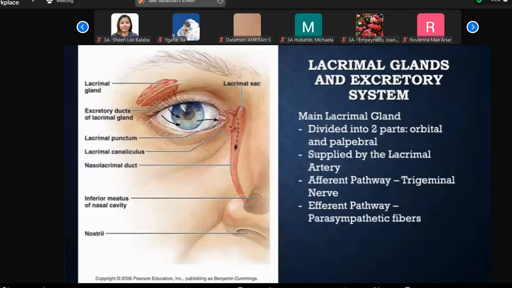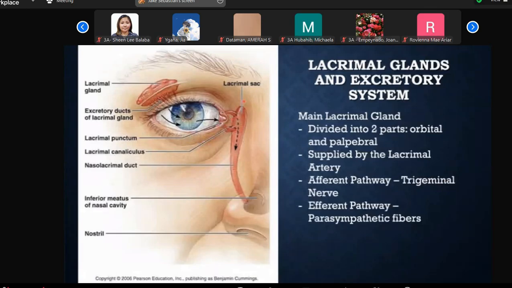In 10% of the population, you will find a common canaliculus. Imagine that before they insert into the sac, there is a shared tract between the two canaliculi before it enters the sac. But in most cases, they insert into the sac separately.